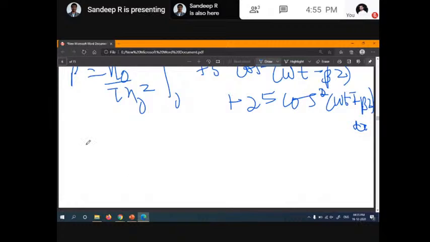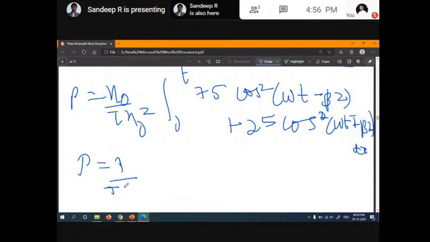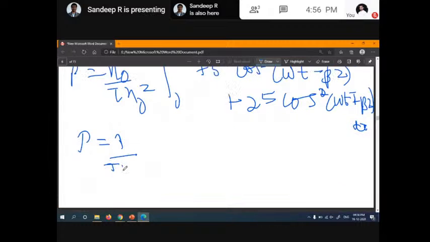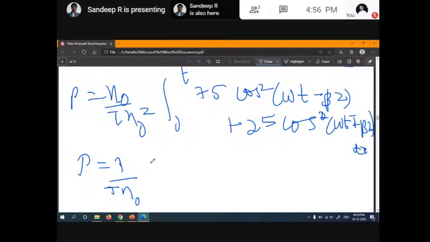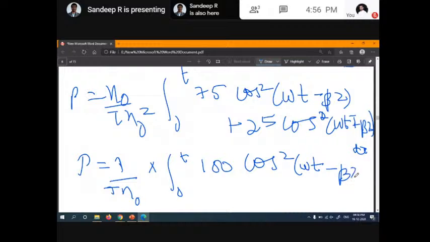So again, P average will be equal to 1 by T eta naught into the integral from 0 to T of 100 cos square of omega t minus beta z dt.